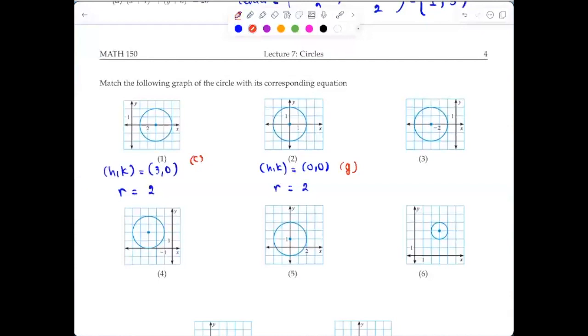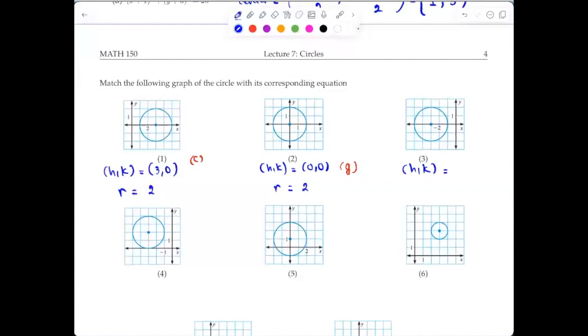Now, number 3 is a little bit tricky due to the scale of the axis. So what is the center in this case? What is h, k? What is h equal to? 1, 2, 3.